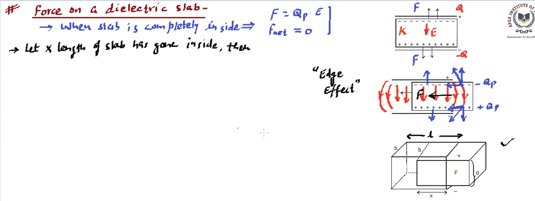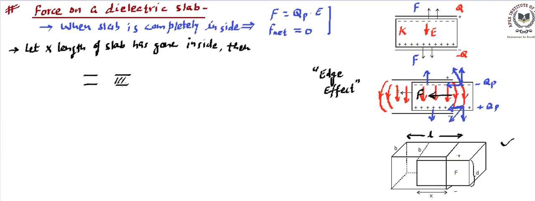So we will say this will behave like a partially filled capacitor. Whenever there is a partially filled capacitor, we break it into two capacitors. One will be without dielectric, another capacitor will be with dielectric.